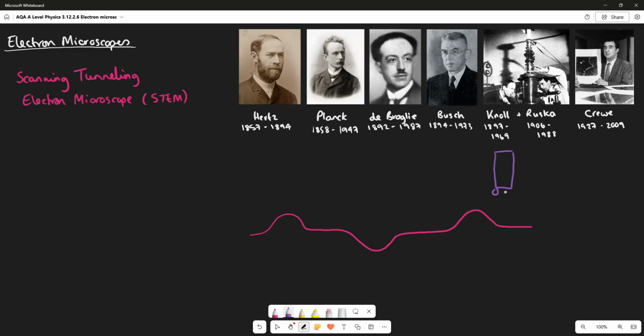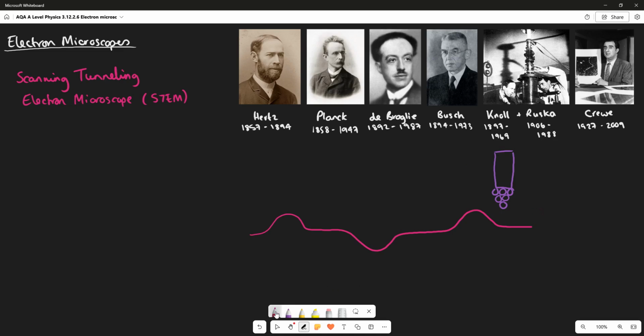And the probe itself consists of a single atom at its tip. And this probe moves across the surface. We can adjust its lateral position and also its vertical position.